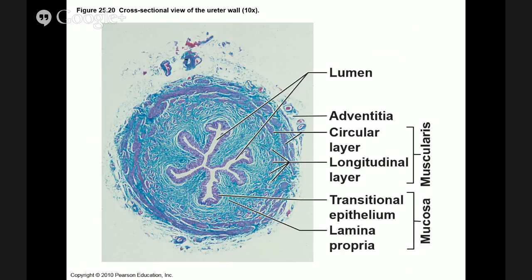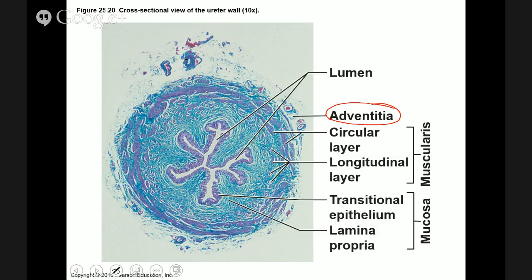Get my classes mixed up here. So we talked about the digestive system. Remember we had the inner mucosa, then we had the muscular layer, and then we had the outer serosa. Well, here in the ureter, instead of the outer serosa, we have something called the adventitia. But otherwise, we have basically the same configuration as you saw in the intestines.